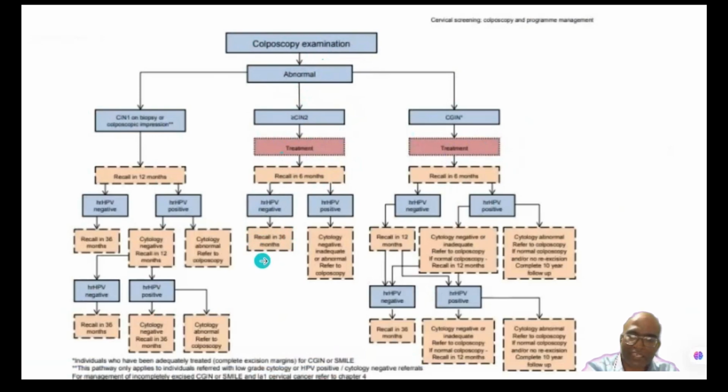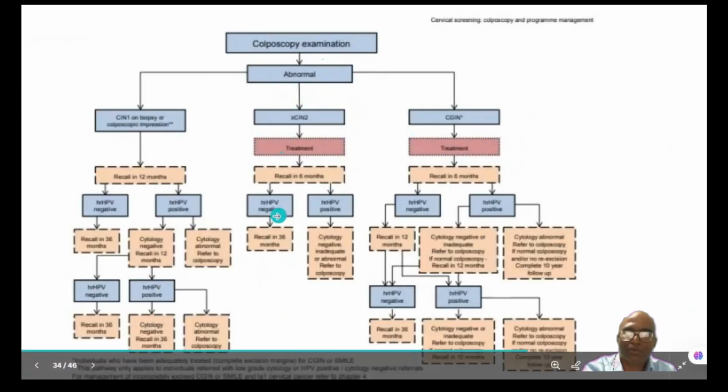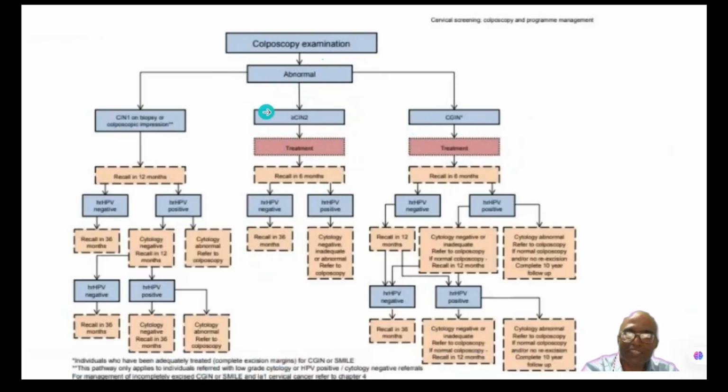Remember, this is not a routine recall, this is a recall in 36 months. What is the difference between the 36-month recall and routine recall, doctor? Routine recall depends on her age. Between 25 to 49, her routine recall is 3 years.